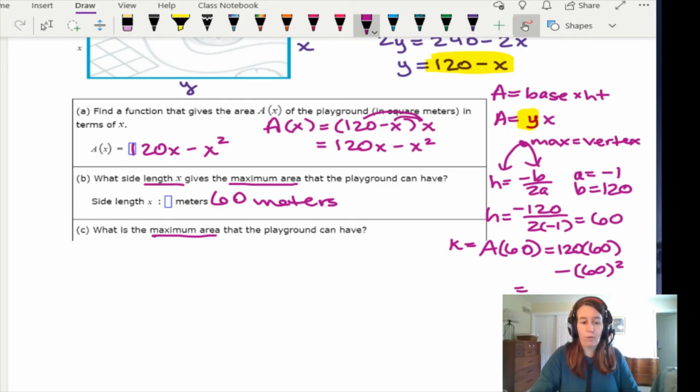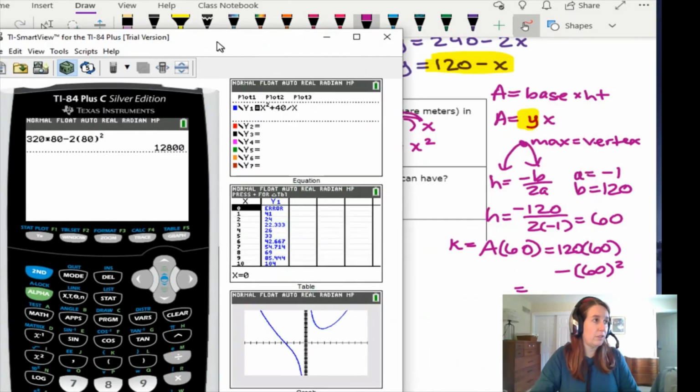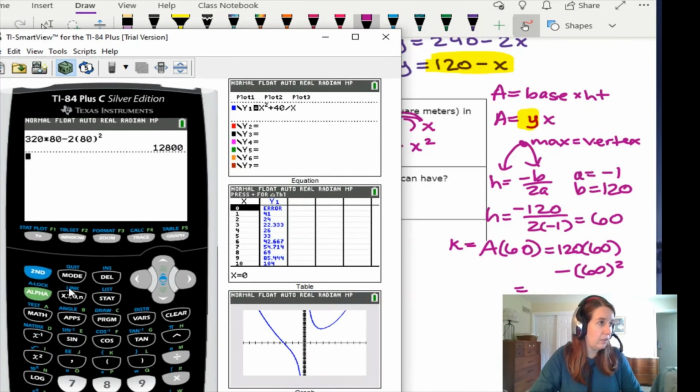I'm going to bring over my very fancy calculator. That was the last problem we did, I'll just clear that. And then it's 120 times 60 minus 60 squared. Oh, look, that's right. 120 times 60, that looks good.